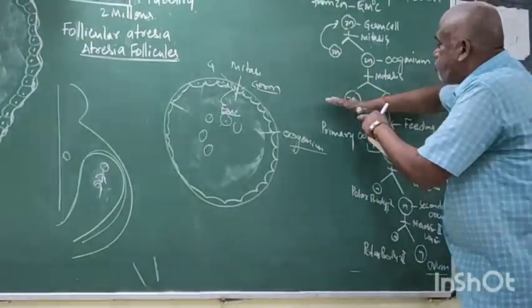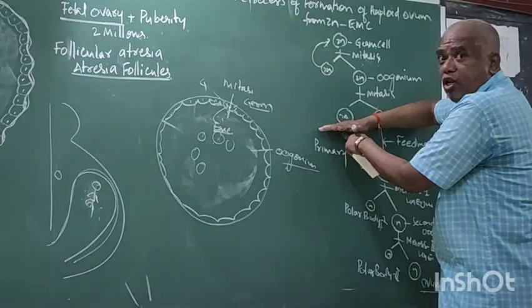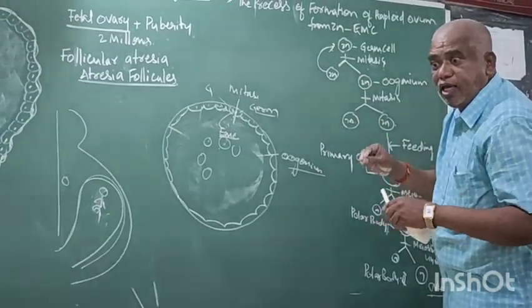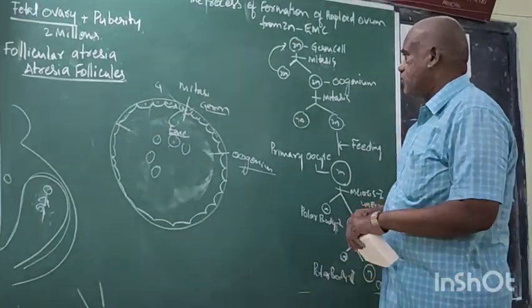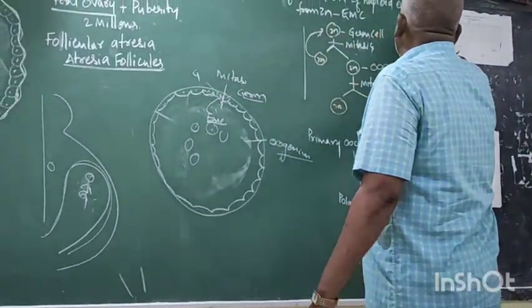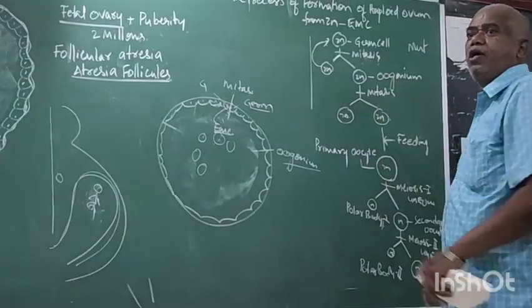That means this initial oogenesis occurs when the female is a fetus. This is the multiplication phase, because the cells are in the fetus.